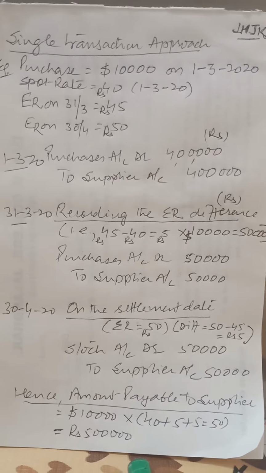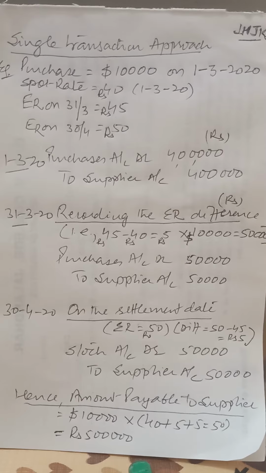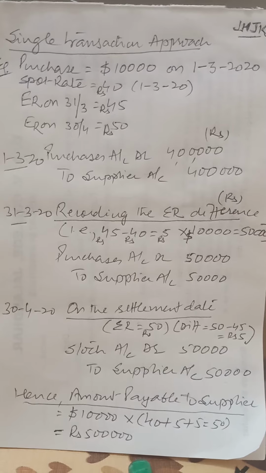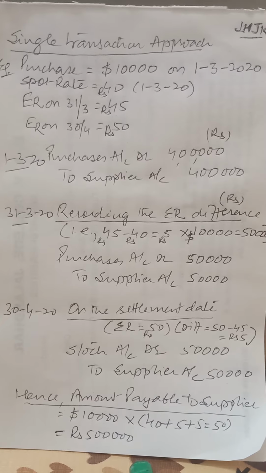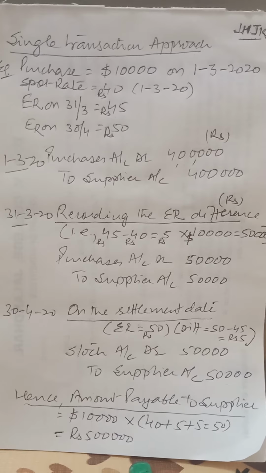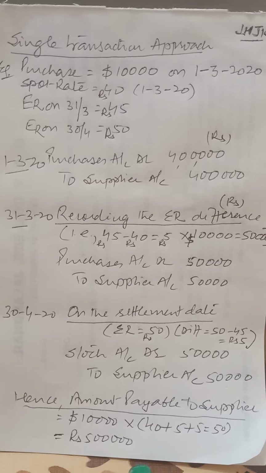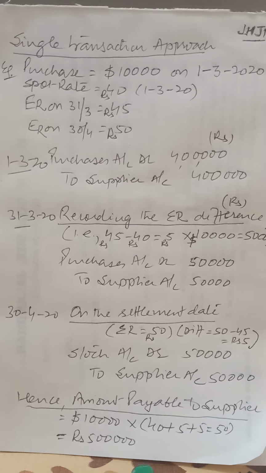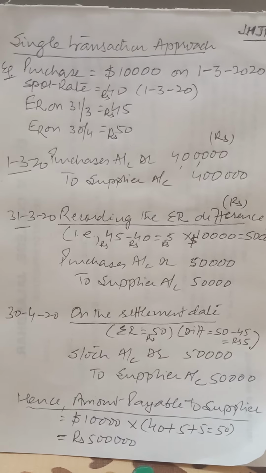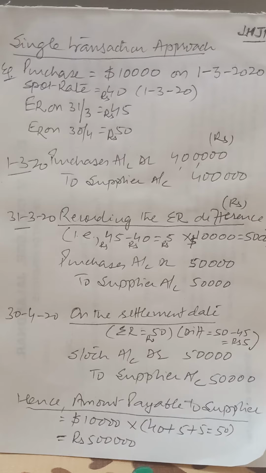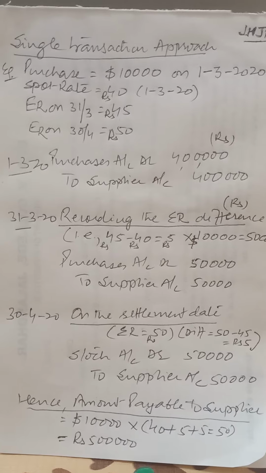Purchase: let's presume that we have purchased a plant or goods worth $10,000 on 1st March 2020. The spot rate, that is on the date of transaction, 1st March 2020, was 40 rupees.